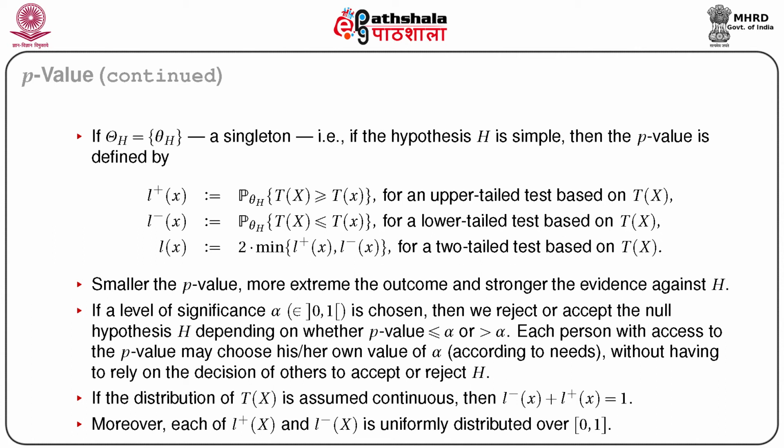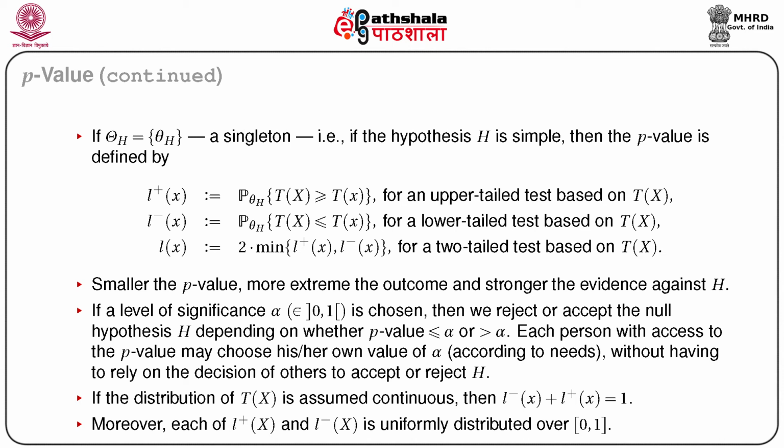Moreover, under theta belonging to script theta H, the distributions of L plus x and L minus x are rectangular 0, 1. Actually, L plus x is equal to 1 minus capital F of Tx, where capital F is the distribution function of T, and L minus x is equal to capital F of Tx.